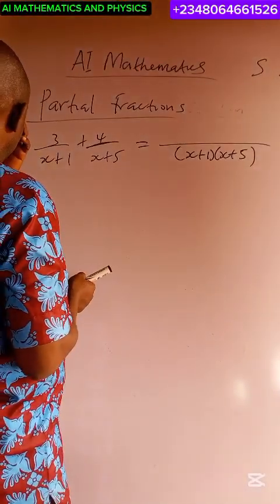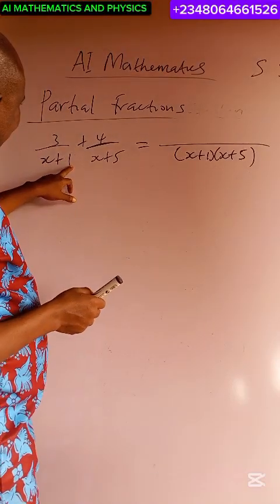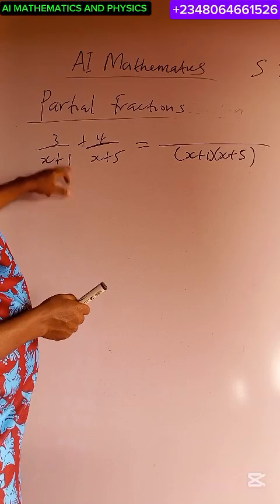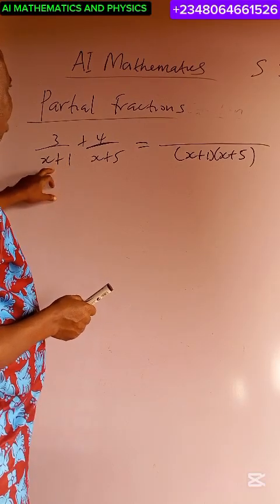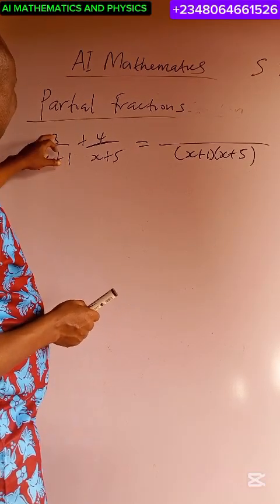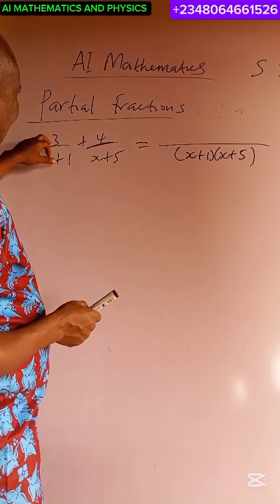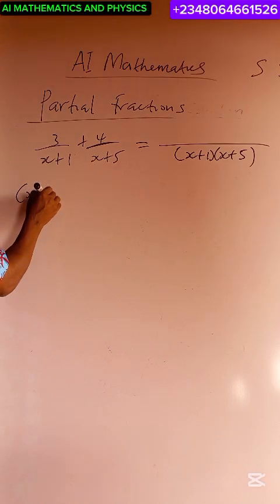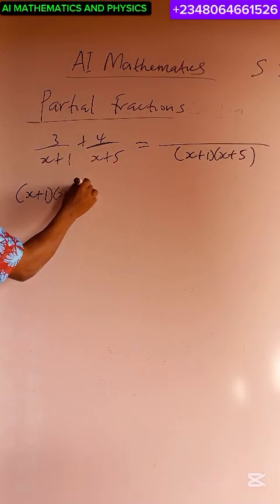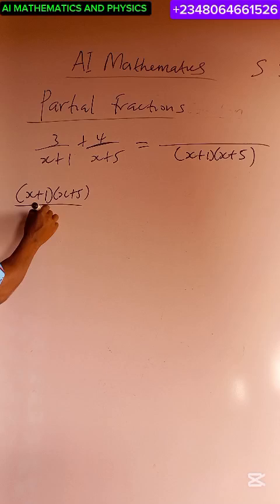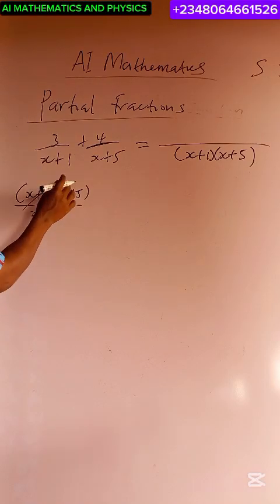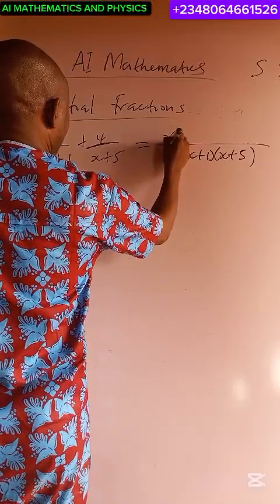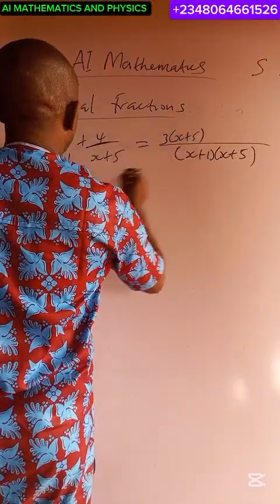Then do normal. You can see that you have x plus 1 here. When you divide the LCM by x plus 1, these cancel each other, which means you multiply this only by 3. That will be 3 into bracket x plus 5.